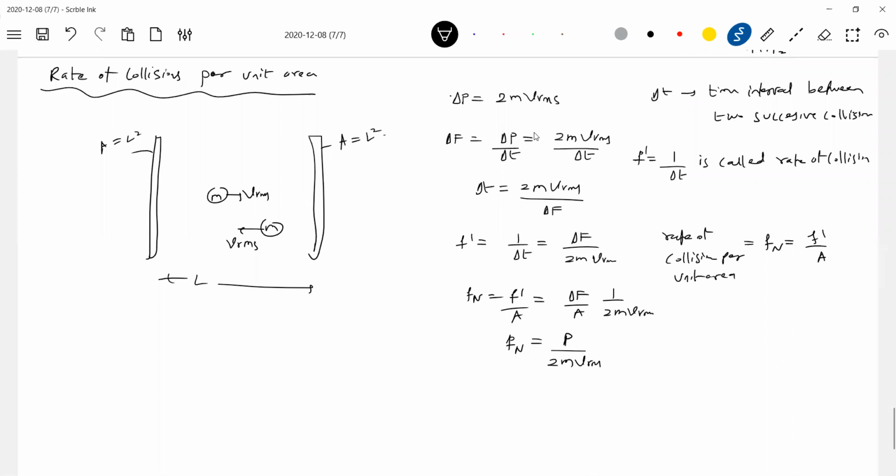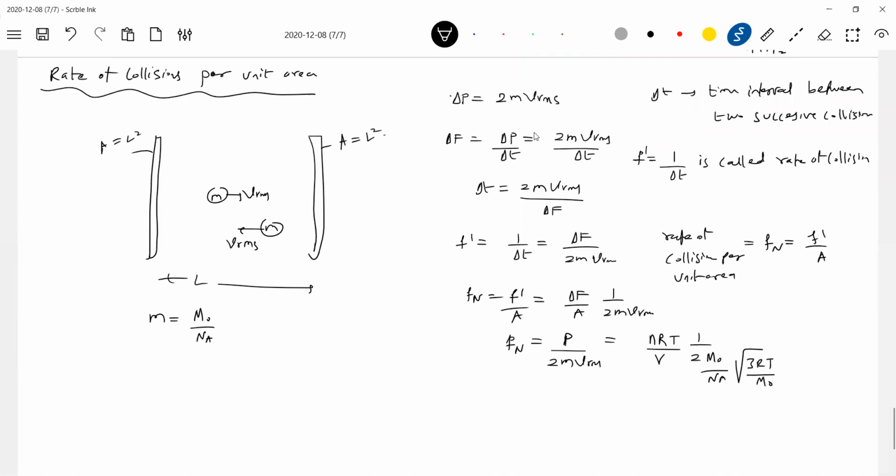Let's write from the ideal gas equation. What is the pressure you can write? nRT by V. The mass of a molecule should be m naught by the Avogadro number. What is the VRMS speed?